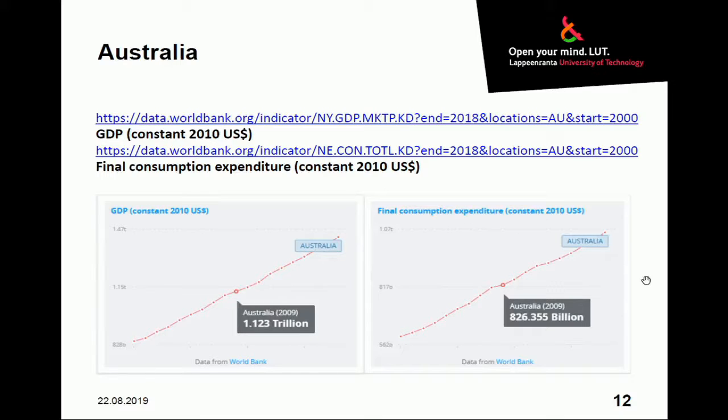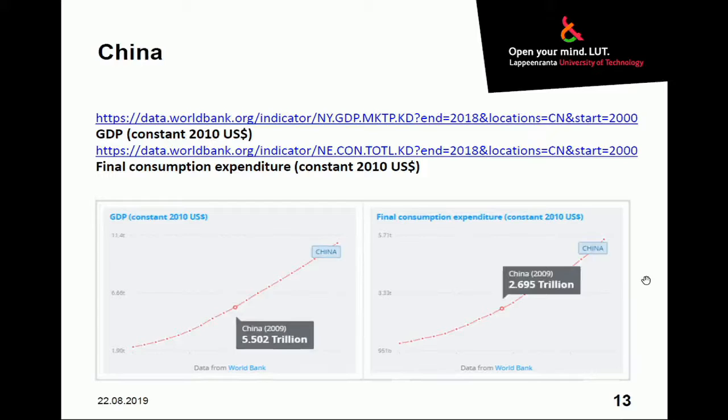The economy of Australia is recognized to be the most open and innovative, with very stable development, so there is no reason to presume any difficulties here. The same is true for China.